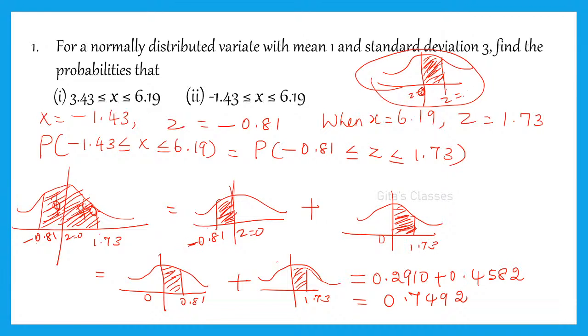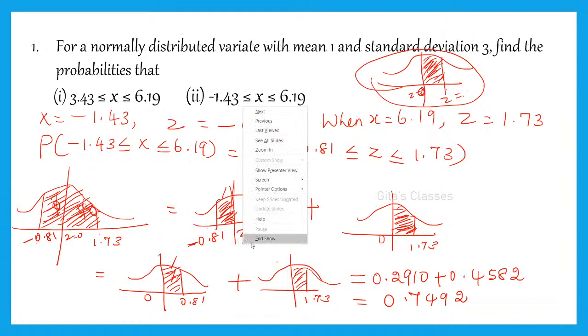Therefore, whether you get minus 0.81 to 0 or 0 to 0.81, it is going to be the same. This and this are the same, the area is going to be the same. That is why 0 to 0.81, and this 1.73 already we have seen. These two are the same because it is symmetric about the line z is equal to 0.